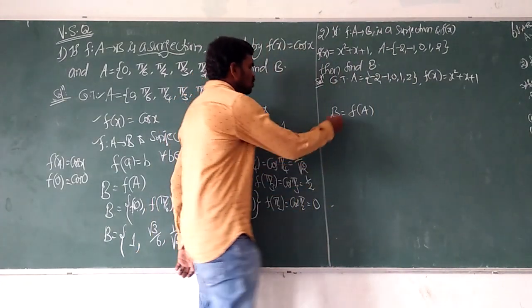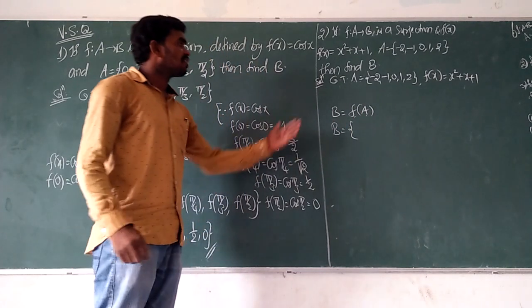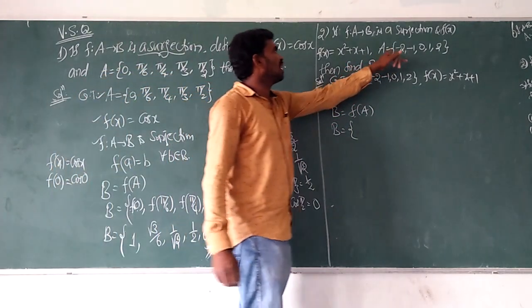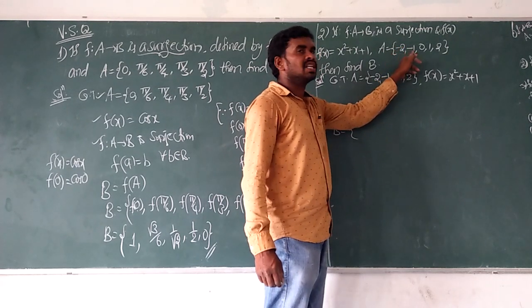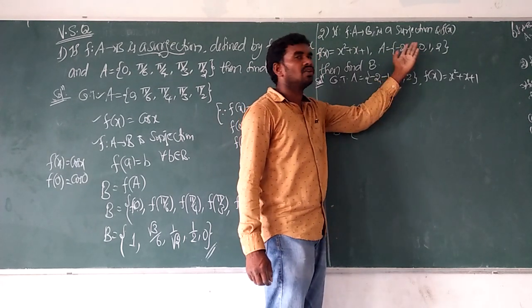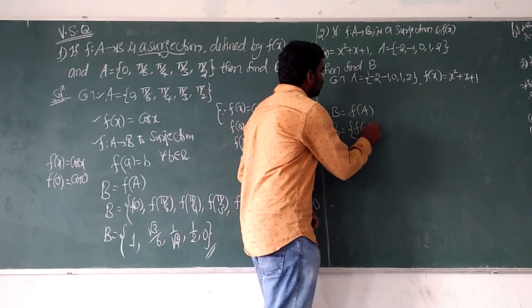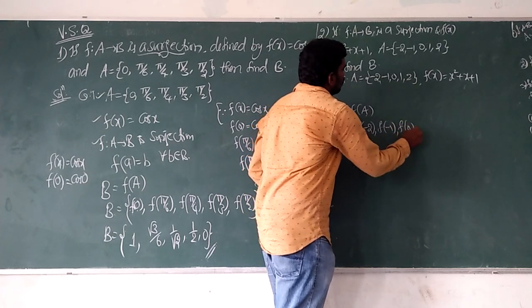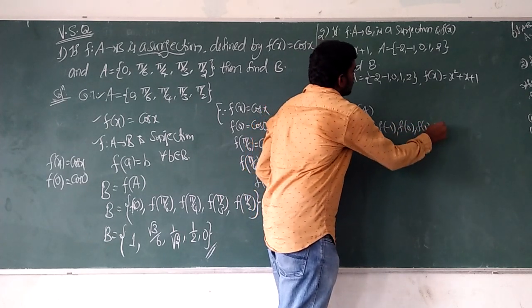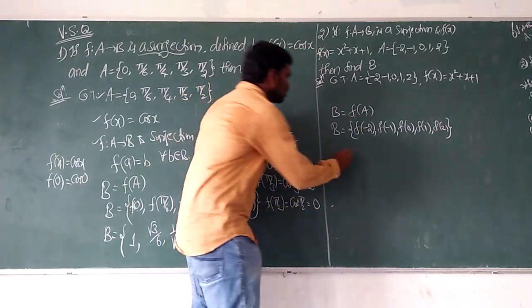So find B. B equal to f of A. F of A means f of each and every element in A. So f of minus 2, f of minus 1, f of 0, f of 1, and f of 2. So we have to find these values.